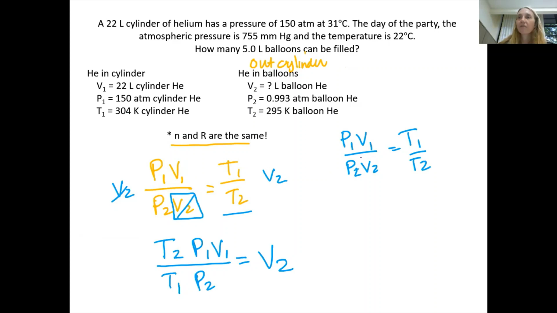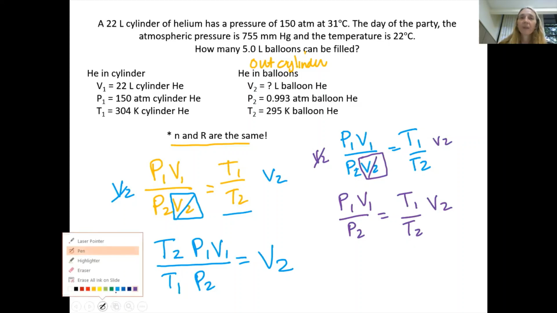I need to get V2 by itself, and when I do that, I generally want it on the top, right? Because it's on the bottom here, I'm going to multiply both sides by V2. When I multiply something that's on the bottom, it cancels, and I'm left with P1 V1 over P2 equals T1 over T2 times V2.